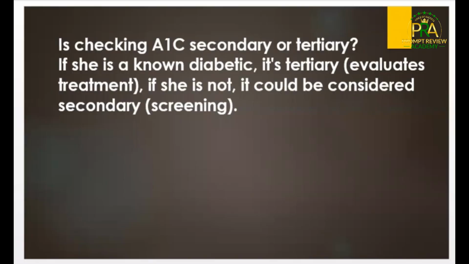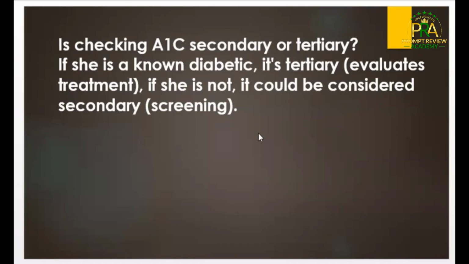This is actually their first time, you want to detect if they have diabetes. That is your secondary. You are screening for it. You want to see if they are diabetic. So that is why you need to look at the wording of the questions, because the question can show primary, secondary, or tertiary. You need to pay attention to know if it's secondary or tertiary.